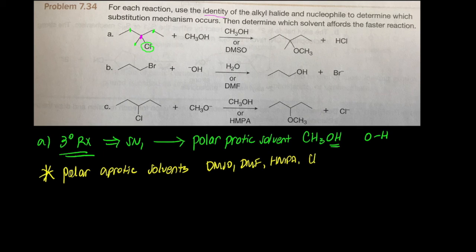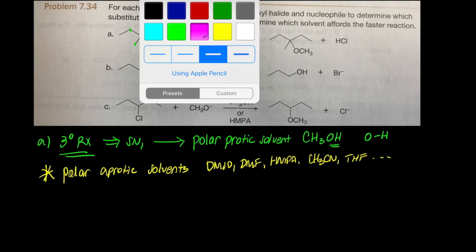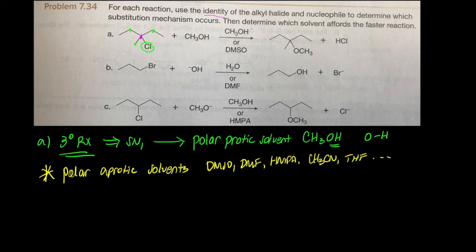They might have a Lewis structure if it's small enough to write out, something like that. They have these weird letters, okay, that stand for the solvent. So let's highlight the answer that we've selected for part A, the polar protic solvent.